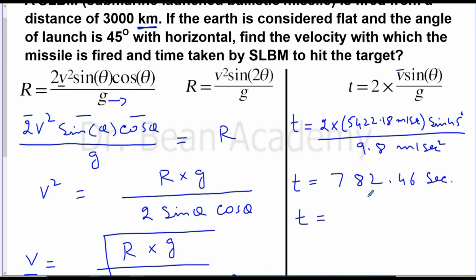Sometimes smaller units are not easy to understand, like we don't understand how long this time is. It's convenient to convert this time into minutes. So if I divide this value with 60, I get 13.04 minutes. So it will take almost 13 minutes to reach or hit the target. And that is the solution to this problem.